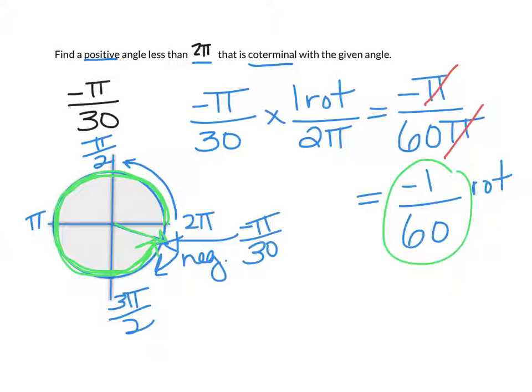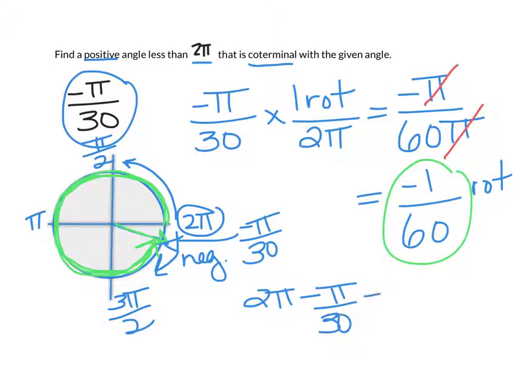So I'm going to take my 2 pi, and from that I'm going to subtract pi over 30, and that will give me my positive angle that's less than 2 pi. So 2 pi minus pi over 30 will give me that same coterminal location, but now it will be in the positive range.